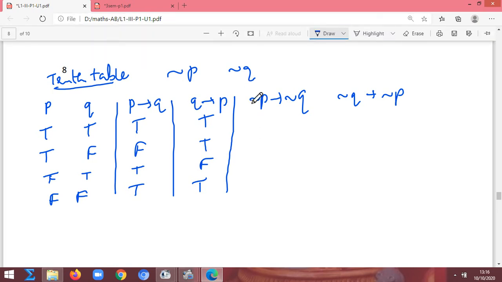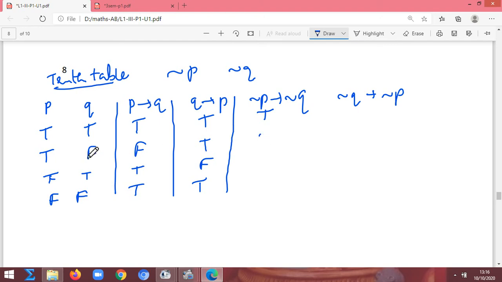So, now negation of P. What is negation of P? P is true, then negation of P is false. So, false implies negation of Q, that is true. False, false implies false is true, okay, and negation of false is true, true implies false, that is false.